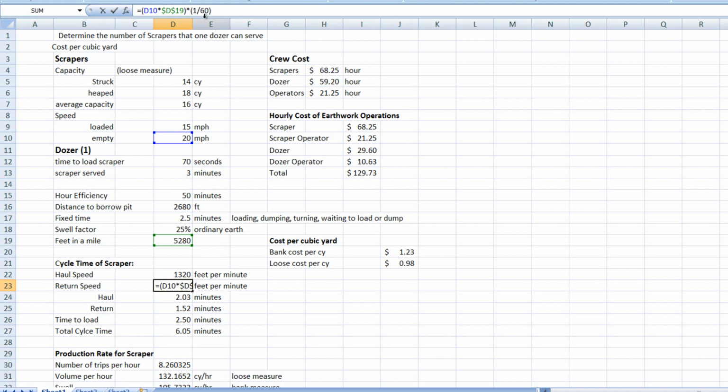We're doing feet per minute, so 1 per 60 seconds, and that'll give us that rate. So 1,760 feet per minute is how far it goes. So return speed, the haul, just basically 1,320 feet per minute divided by the distance of 2,680. Same with the return.